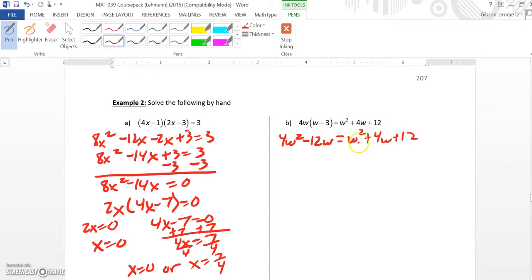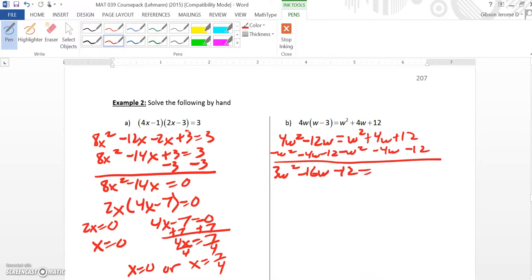But remember, our w squared must be positive. So we could subtract w squared, minus 4w, and also minus 12 on both sides. So now this will leave us 3w squared minus 16w minus 12, and that will equal 0.